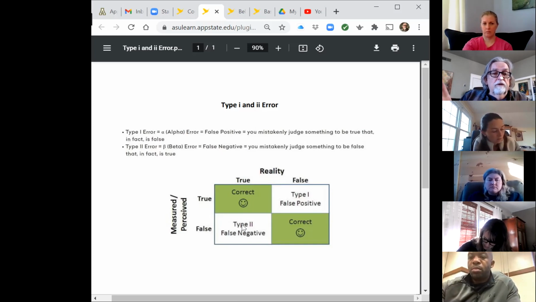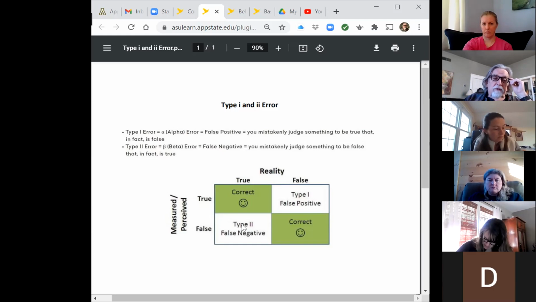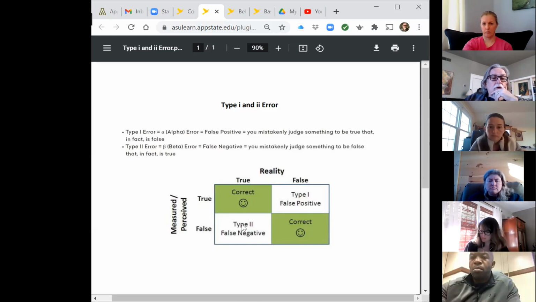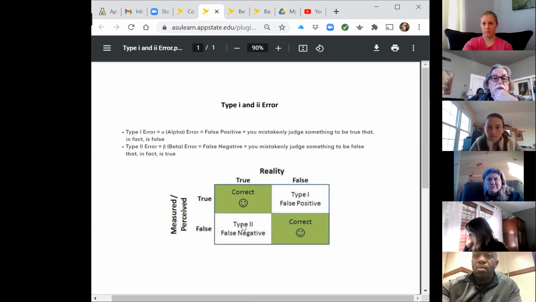So occasionally in the medical sciences, when you're dealing with pandemics or plagues, we do test in a way that might create a type 2 error, but we're really just trying to find anything that might have the possibility of working.